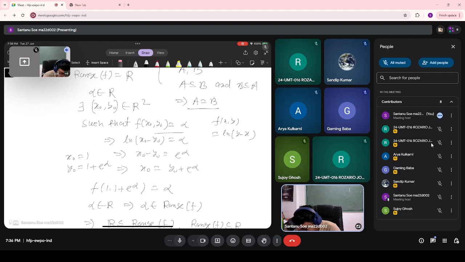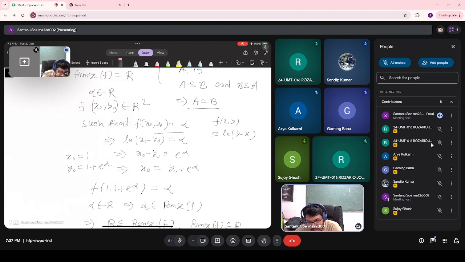For example, I'm saying that f of x comma y is ln of y minus x. So you take a point such that ln of y0 minus x0 is alpha. So that means you can find x0 and y0. For example, from here it will be y0 minus x0 equals exponential alpha. So y0 will be nothing but x0 plus exponential alpha. Correct.